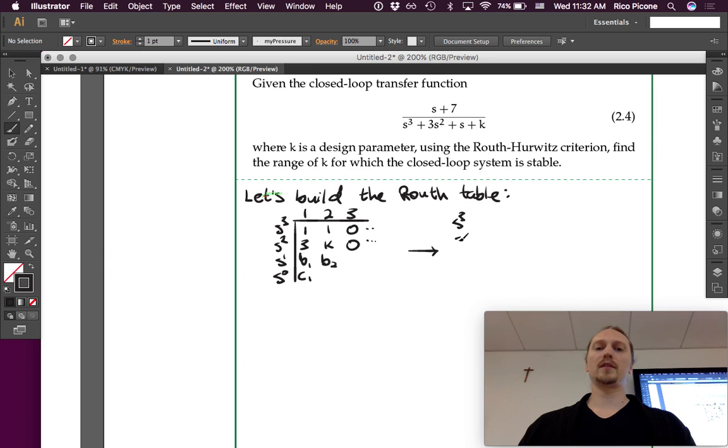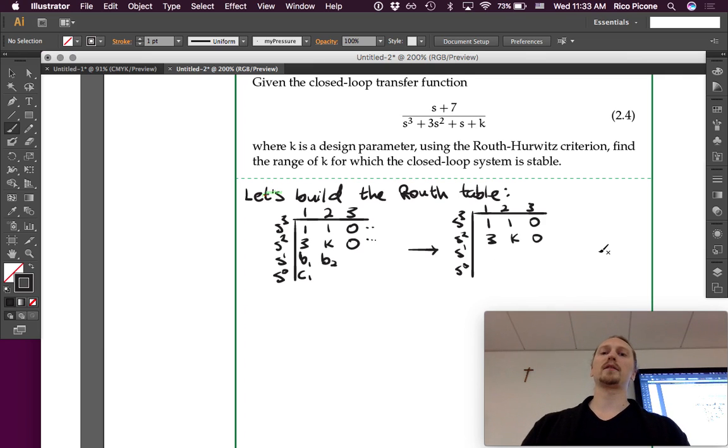So S cubed, S squared, S to the 1, S to the 0, and then 1, 2, 3. So we know it's still going to be 1, 1, 0, 3, K, 0, and then we're going to fill in these last ones. Okay.